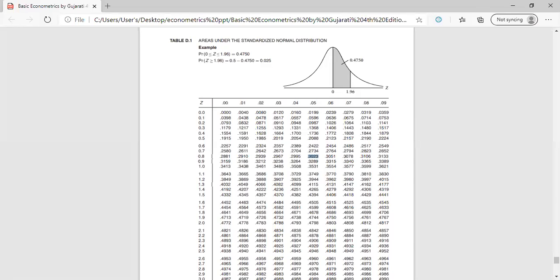So in that case, this probability is basically 1. I'll write and I'll show you.